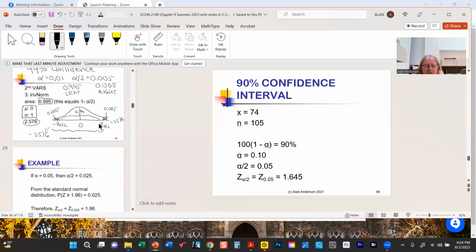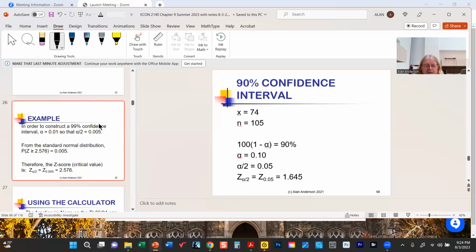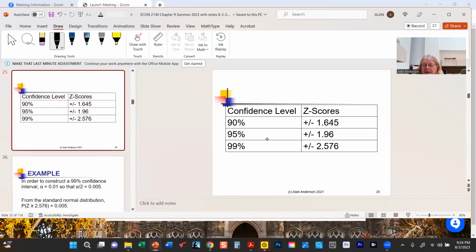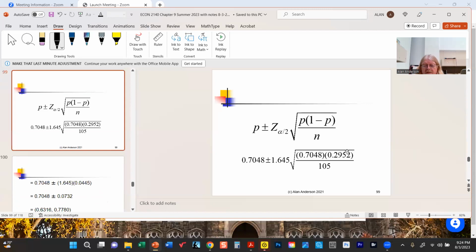Here it is. Those are the z-scores for these three confidence levels. Since those are the only three we'll ever use, it's not going to be that difficult to memorize these. You'll see them so often after a while, you'll have them memorized anyway. So it's really no big deal.